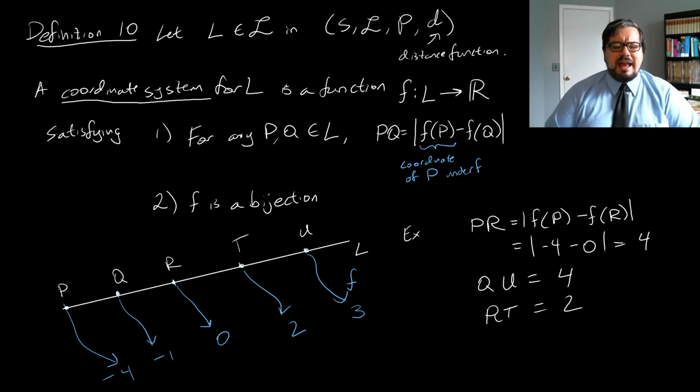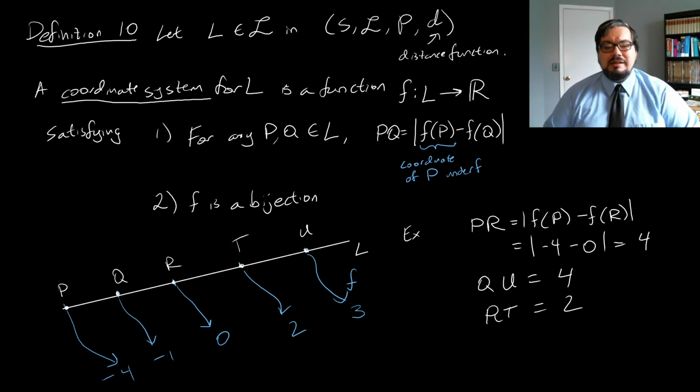So the function f assigns coordinates to each point on L in such a way that you can calculate the distance between any 2 points by looking at the absolute value of the difference of their coordinates. So that's what part 1 of the definition tells us.